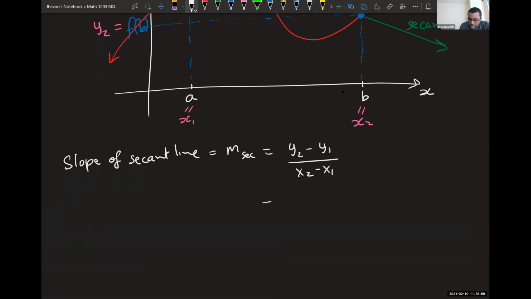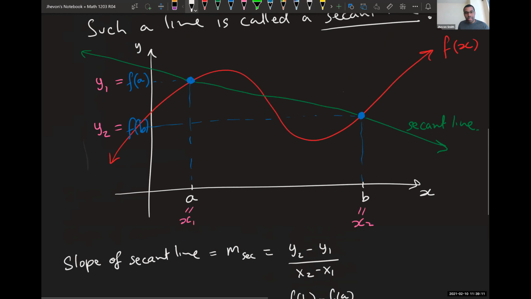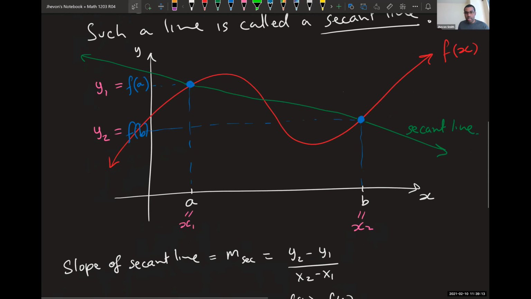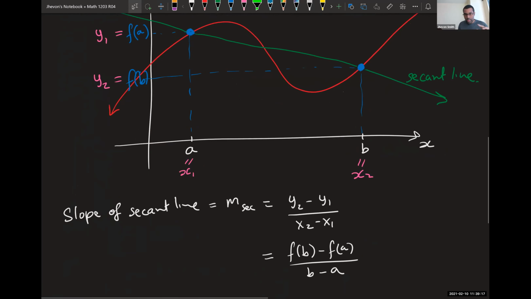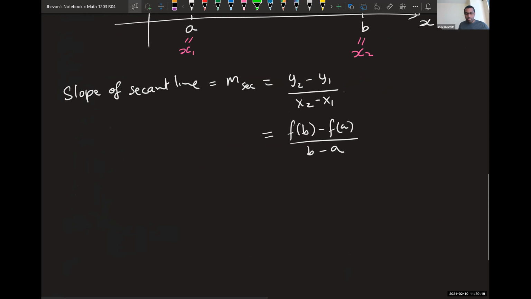And so that's just going to be f of b minus f of a over b minus a, right? So that's where the difference quotient comes from. It's actually a slope, right? And that slope actually will give you some information on how this thing is changing on average. And I'll give you the interpretation later.